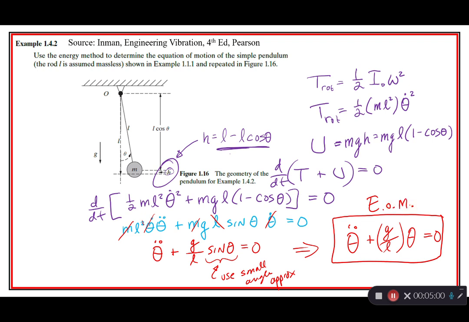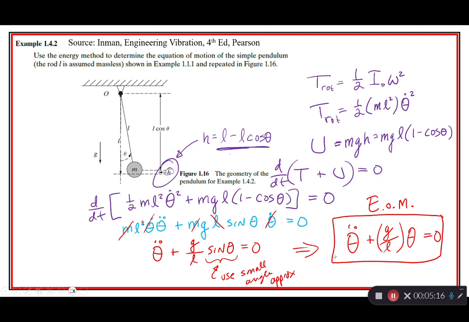So this is the energy method to get the same thing. It's not a drastic change from the other, but it's just another example where we're able to use a different method to get the same thing.